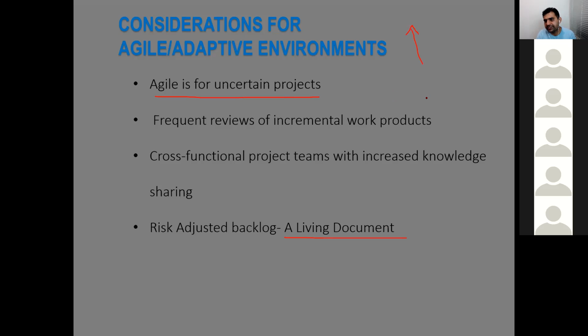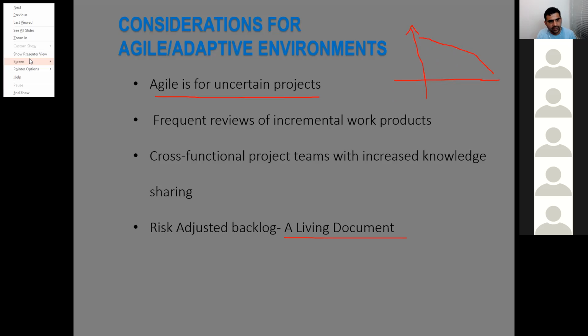Proposition of risk on Agile is something like that. For waterfall, risks are decreased over the period of time. As the project goes on to completion, risks keep on decreasing. On the other side, in Agile, we believe that if there is a bigger risk, we will target it early.